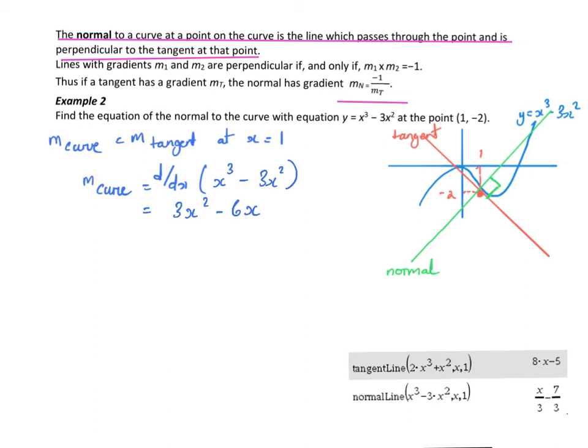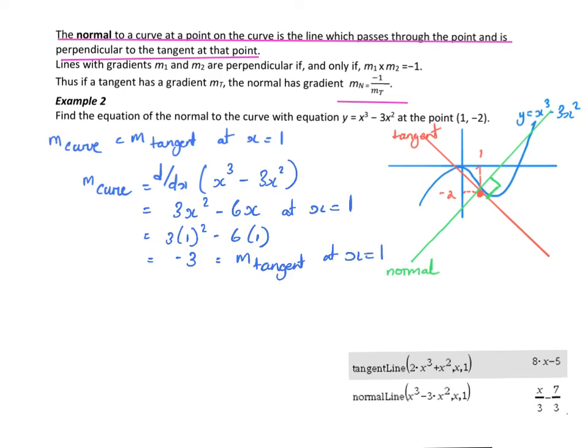Now, the gradient of the curve is 3x squared minus 6x at the point x equal to 1. So at x equal to 1, we get 3 times 1 squared minus 6 times 1. That equals 3 take away 6, which is a negative 3. That's the gradient of the curve at x equal to 1. It's also equal to the gradient of the tangent at x equal to 1.